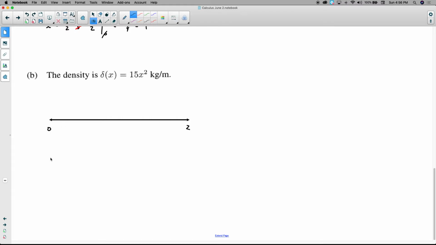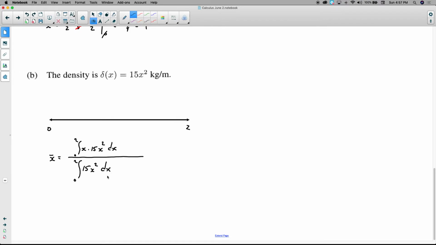And x bar is going to equal the integral from 0 to 2 of x times the density function, which they gave us this time, dx. And then on the bottom, it's the integral of the density function, dx.